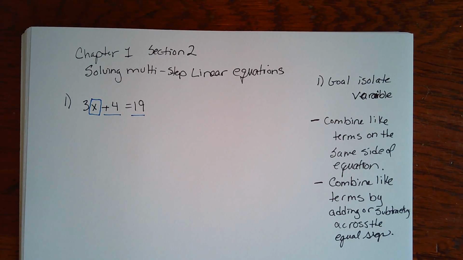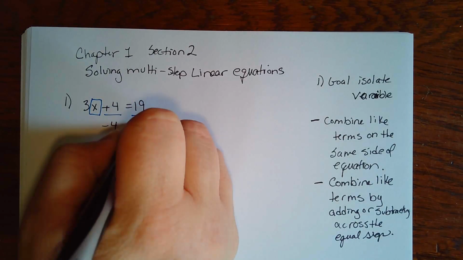Now remember, you are always pushing away from the variable. So if you're pushing away from the variable, that means the 4 has to do the moving. To do that, once again, we use the opposite operation. Well, 4 is held by addition. So the opposite of addition is, you've got it, subtraction. So we subtract 4 across from both sides.